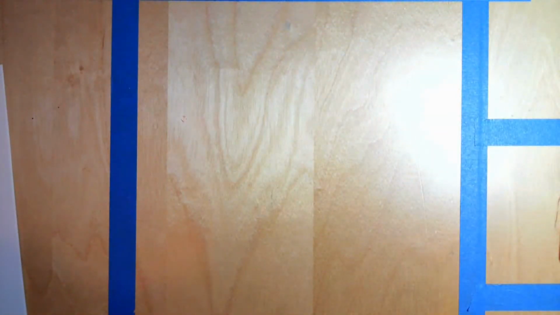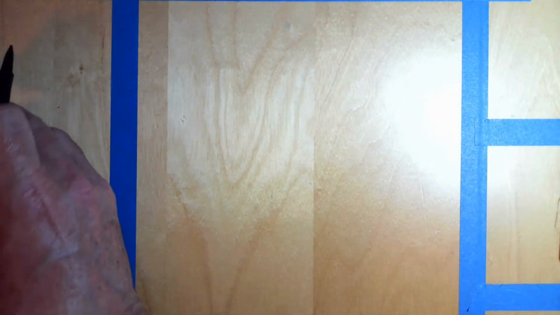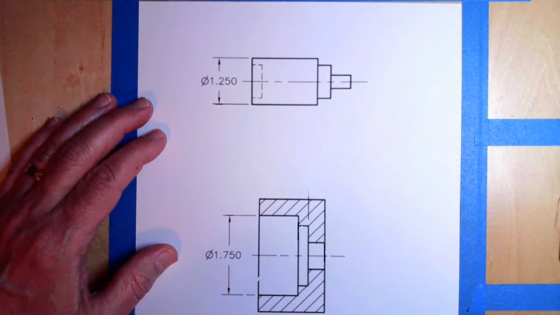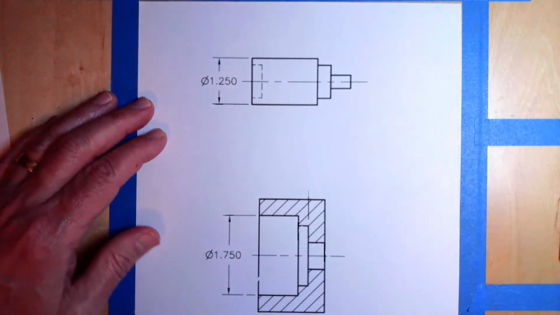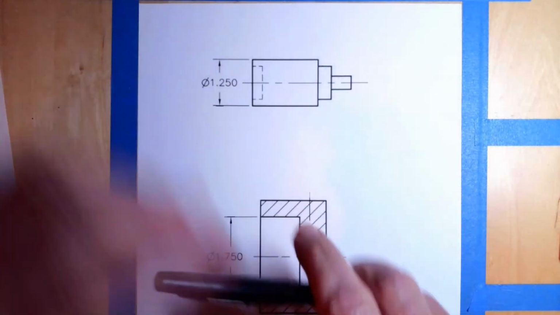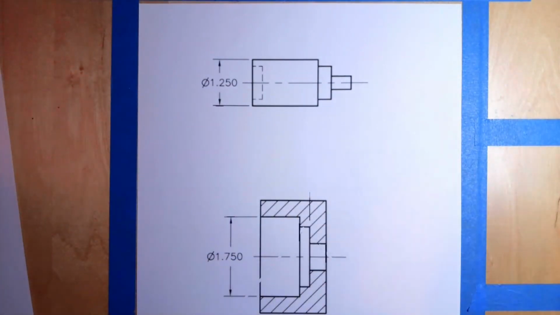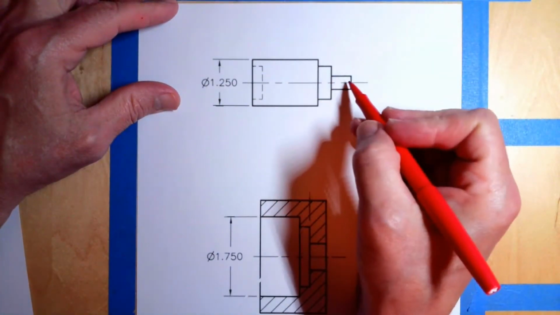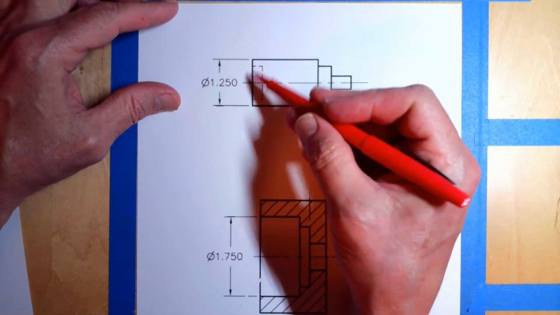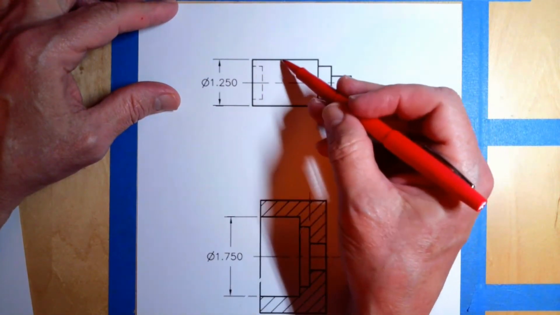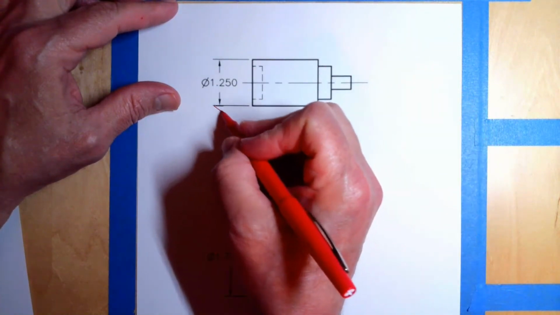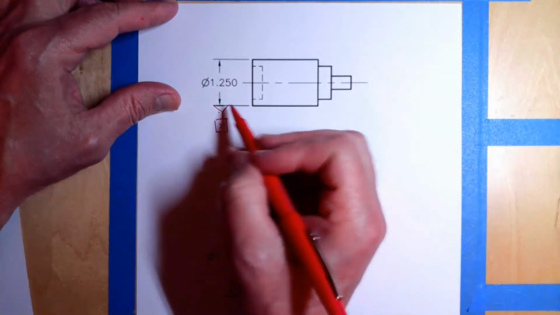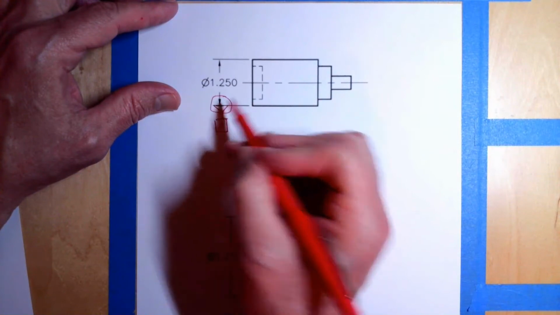Let's look at a couple other examples here. So in this example here, we are going to do another example of the runout applied here. Let's say we want to control the runout on these two surfaces as the part is rotating or being held in this larger diameter. So this larger diameter is going to become my datum, and remember, we have to associate it with the arrow right here.